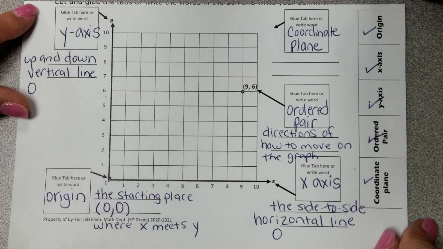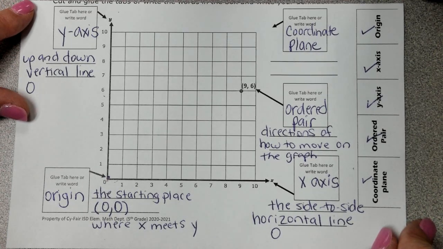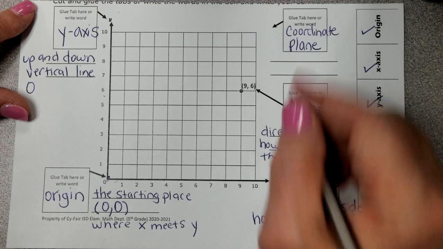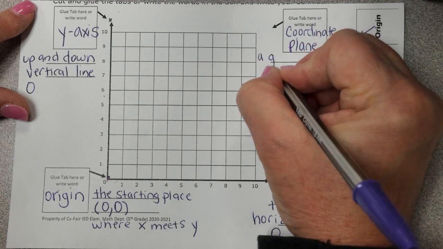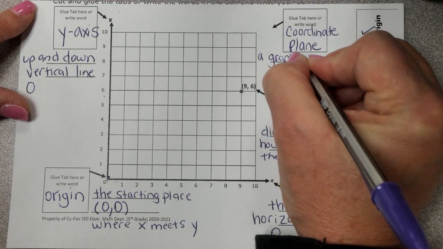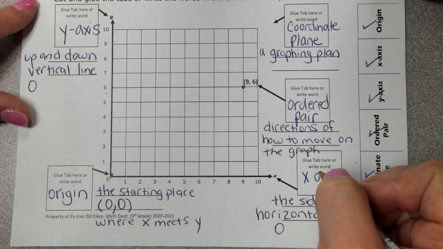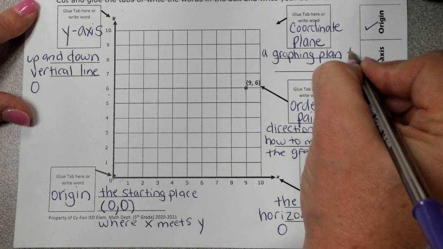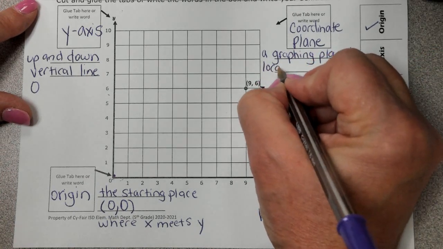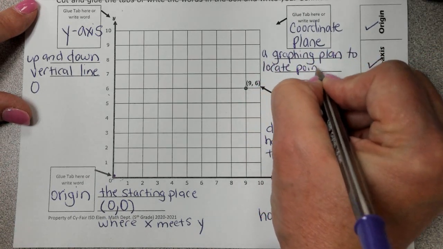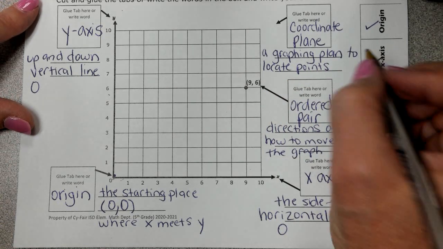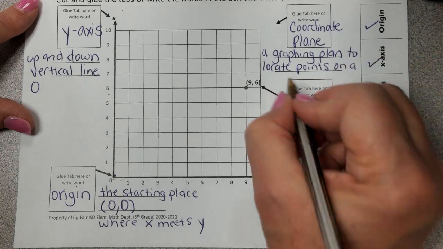So what do we mean when we say coordinate plane? We could say this is a graphing plan to locate points on a flat surface.